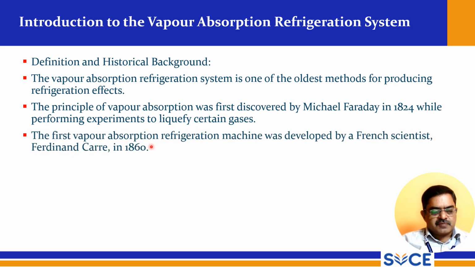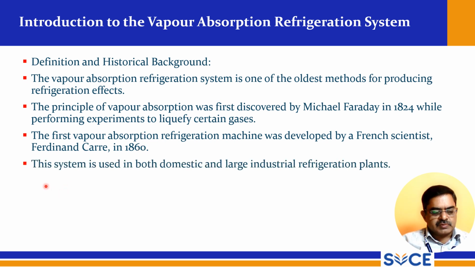The first vapor absorption refrigeration machine was developed by the French scientist Ferdinand Carré in the year 1860. So Ferdinand Carré produced the first refrigeration system based on vapor absorption. This system is used in both domestic and large industrial refrigeration plants.